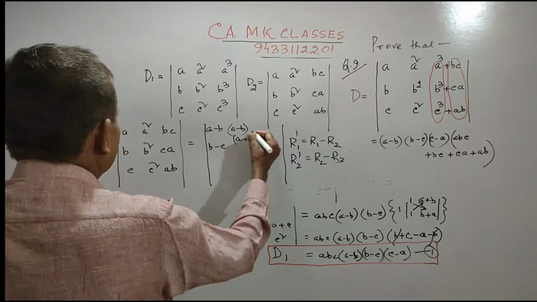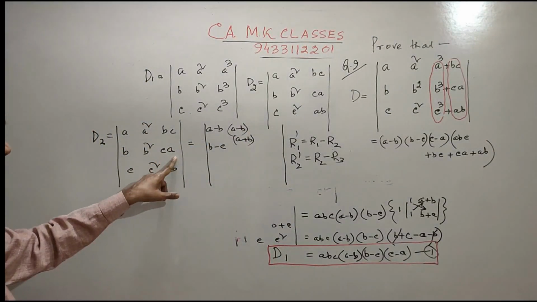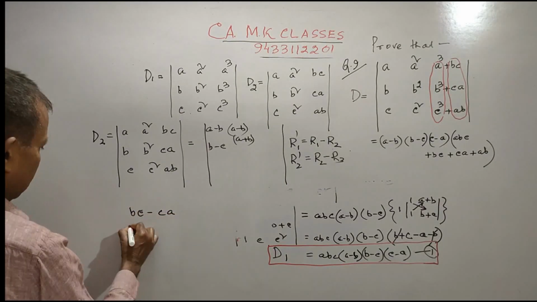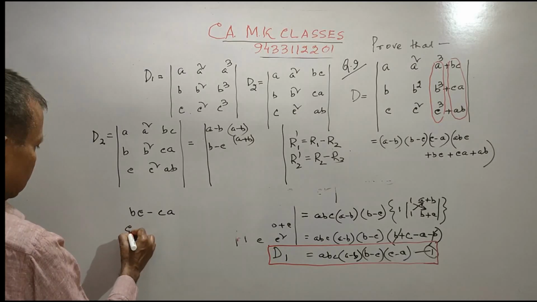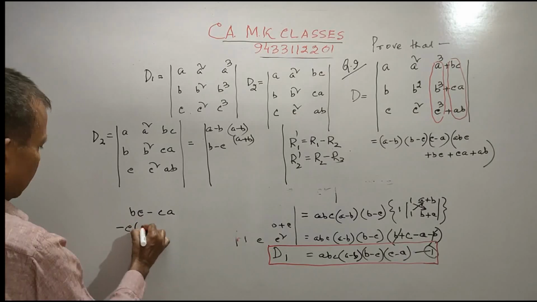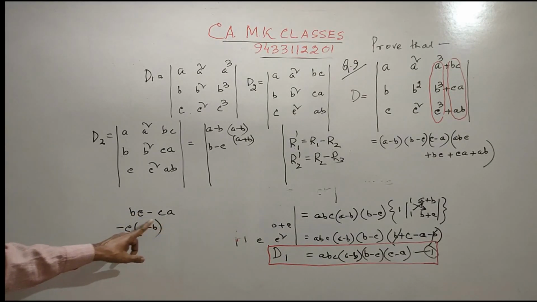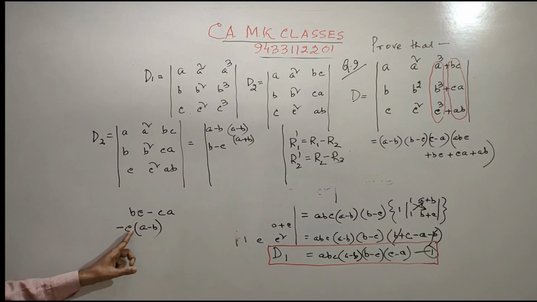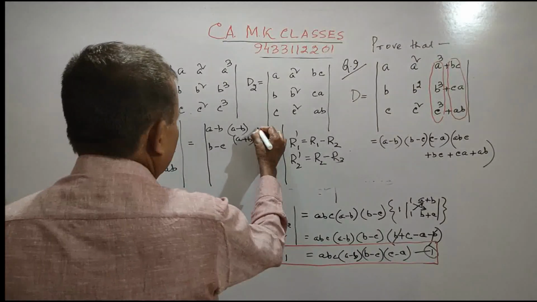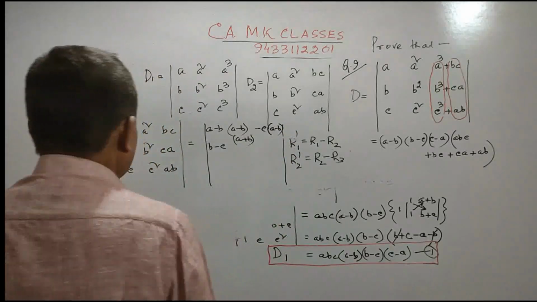This is your c, bc minus ca. Just explaining you, bc minus ca is coming. If we take c common, then we get a minus b, and taking minus c common gives a minus b, so this will be minus c, a minus b.